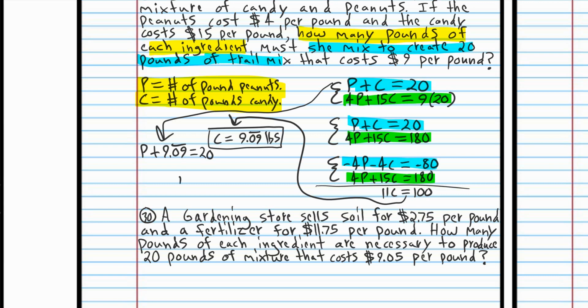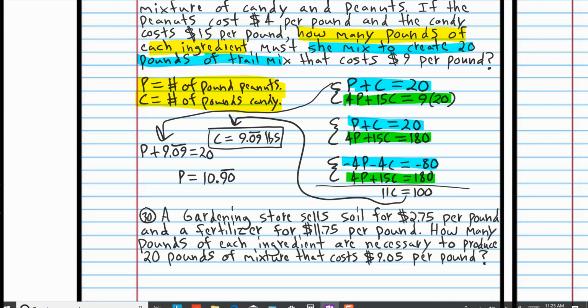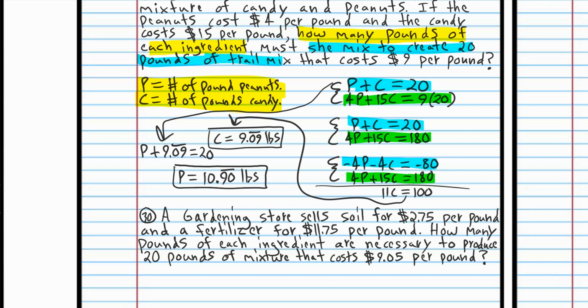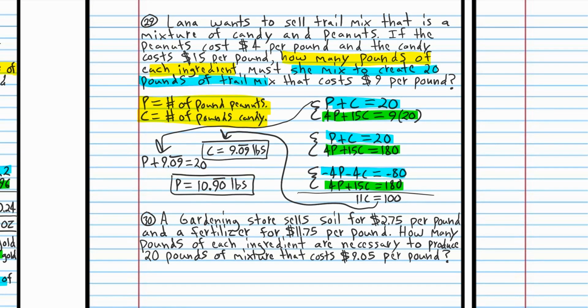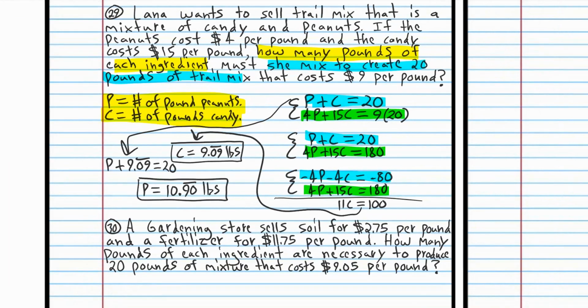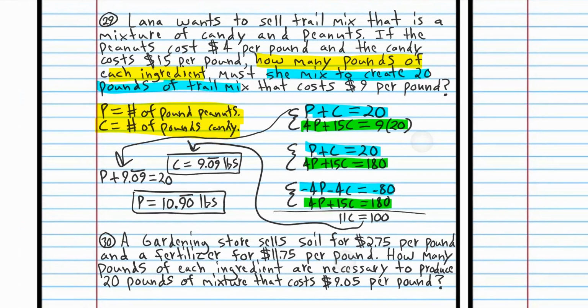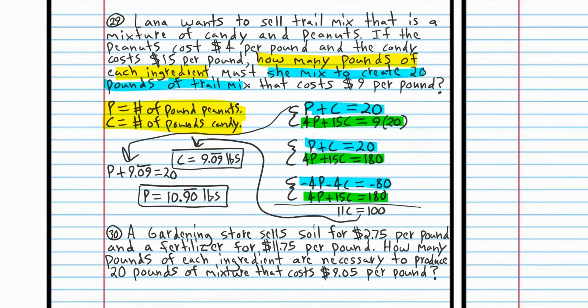And then we end up with the number of pounds of peanuts is 10.90 bar pounds. So that was the first time where we got repeating decimals for the answers. I'm sorry if that confused you there, but if you got those answers, good job.